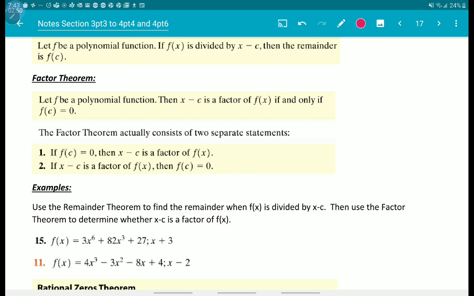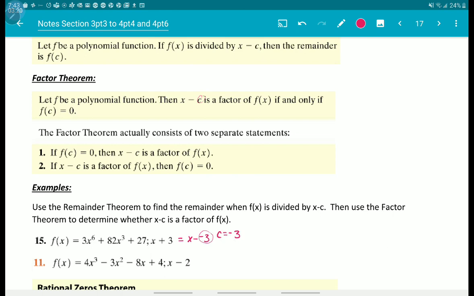So let's use an example, and we're going to build up all of this gradually. I want to really start with that remainder theorem. So it says, use the remainder theorem to find the remainder when f of x is divided by x minus c. So if we were to plug in our c value here, now notice the c is the number after the minus here. So we could rewrite this as x minus negative 3. There's our c.